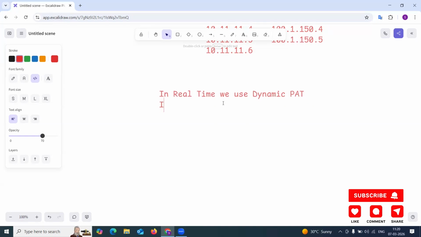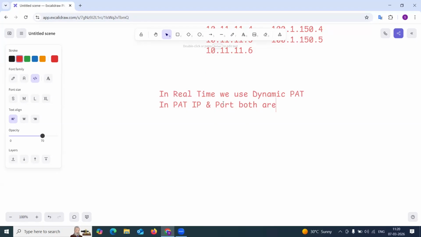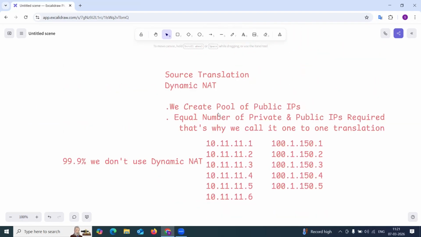In PAT, IP and port both are translated. Both are translated. It's not only IP, it's also port number.